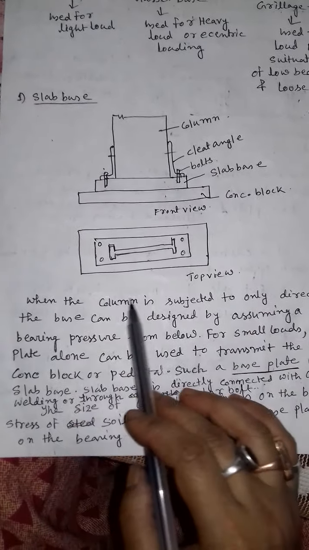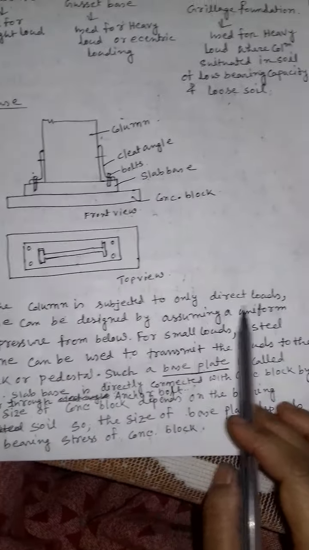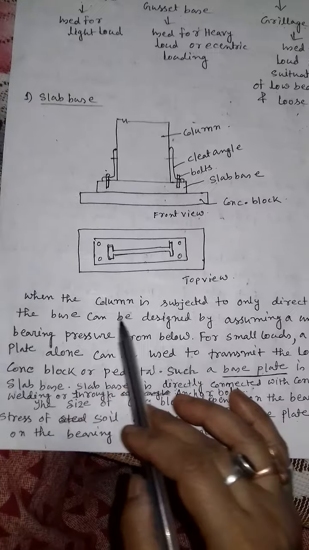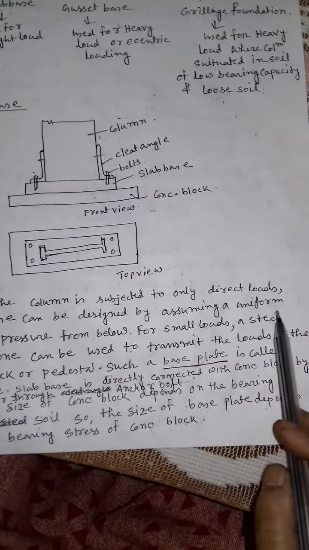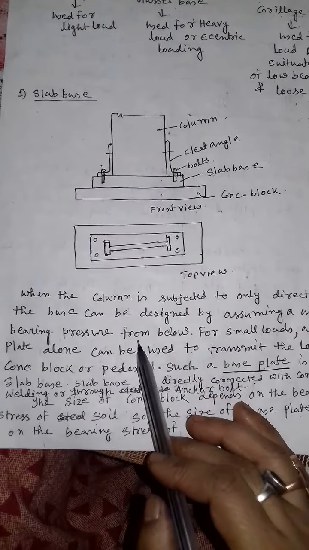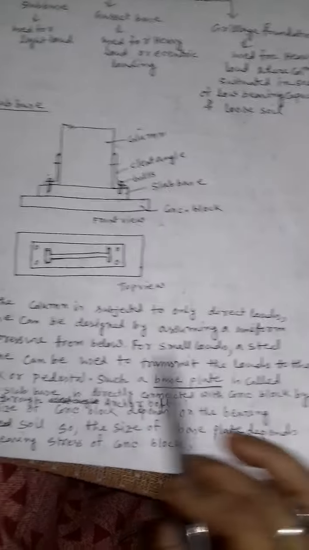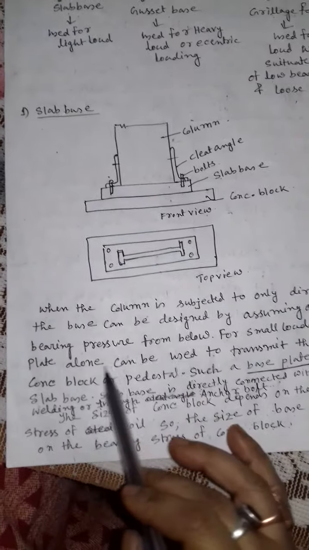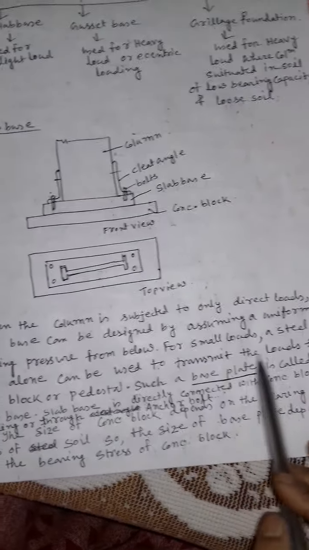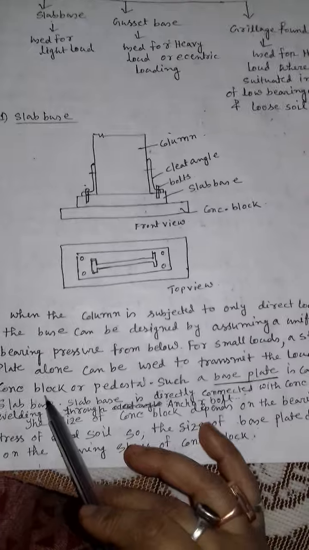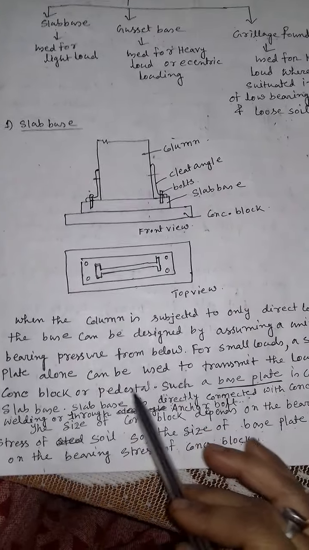When the column is subjected to only direct loads, the base can be designed by assuming a uniform bearing pressure from below. For small loads, a steel plate alone can be used to transmit the loads to the concrete block or pedestal.